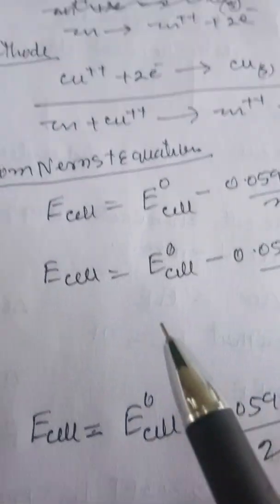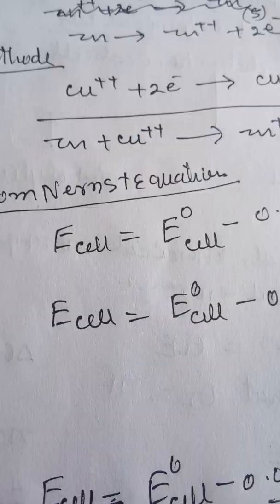Like this, you can find the Nernst equation for this chemical cell.